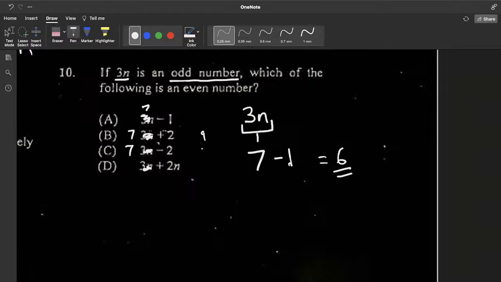And 7 take away 2 is 5, which is also odd. And this here, we would have to work out what that is. But we know for sure it's definitely going to be A, because 1 less than an odd number will always give us an even number.